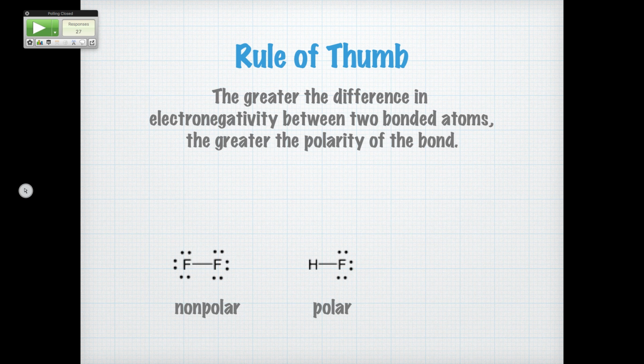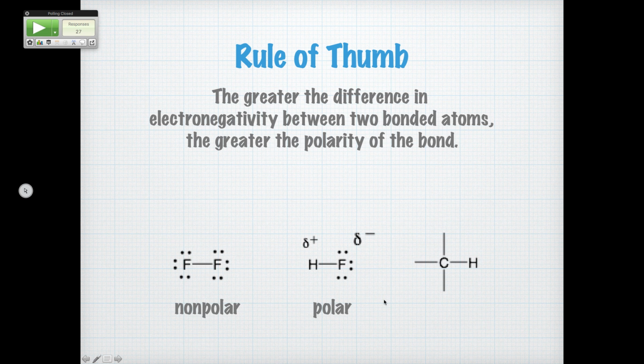Fluorine. Why? Because it's the most electronegative. Sometimes we write these little partial charges, with a lowercase delta and a plus or a minus by each atom. More of the electron density is on the fluorine, so it's delta minus. Less on the hydrogen, so it's delta plus.